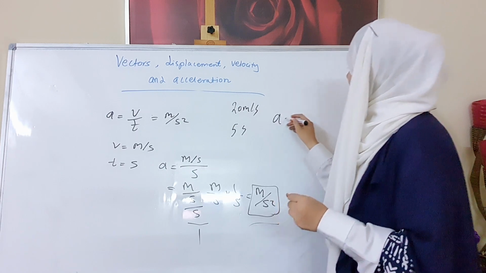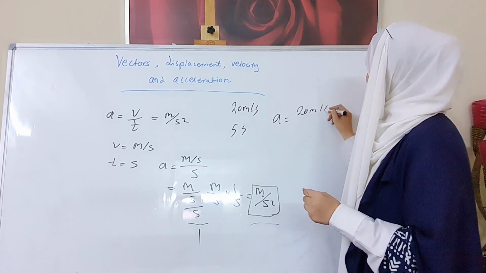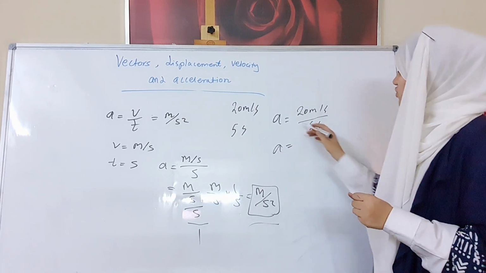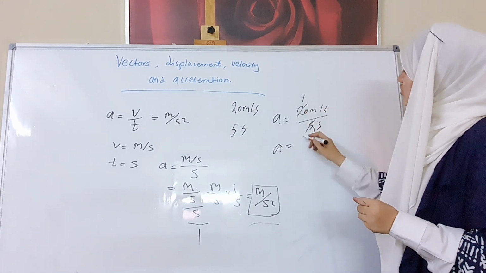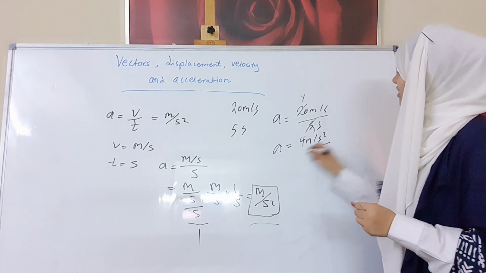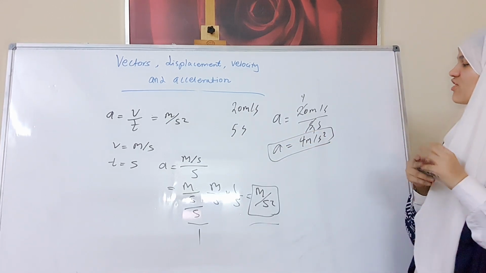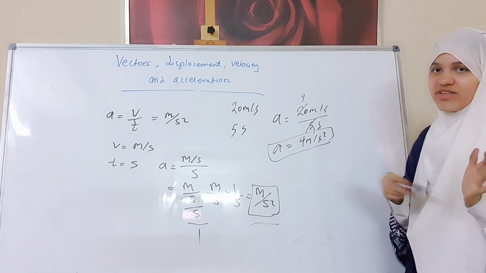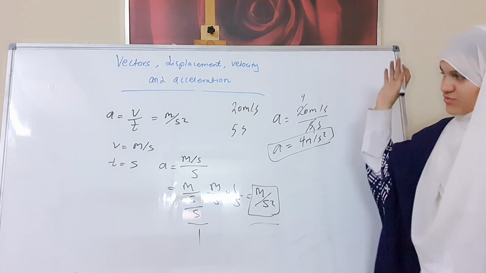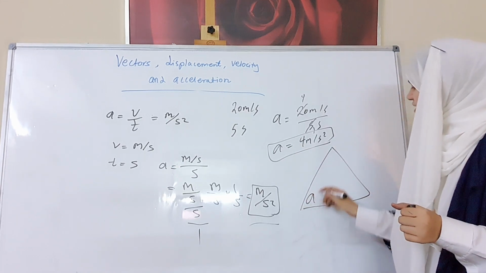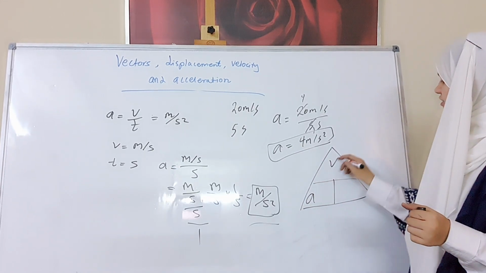So a is equal to 20 meters per second over 5 seconds, which is 4 meters per second squared. So that was how to find acceleration. We can also find t and v by using the triangle with a, v, and t.